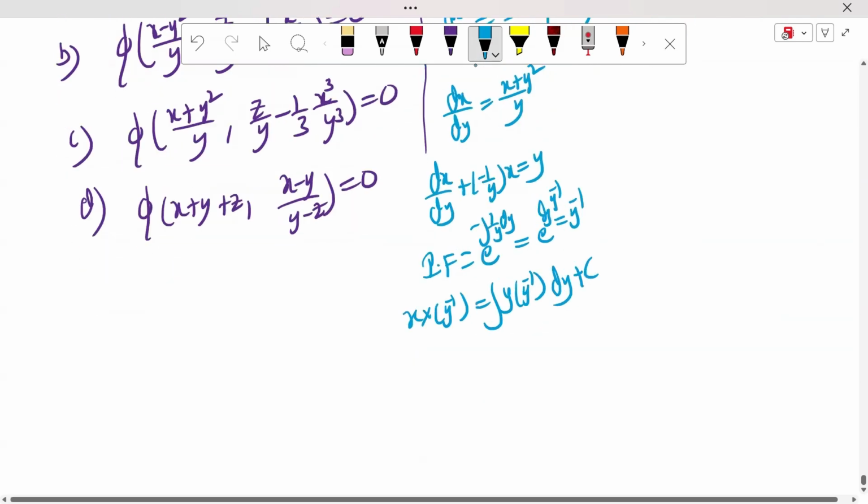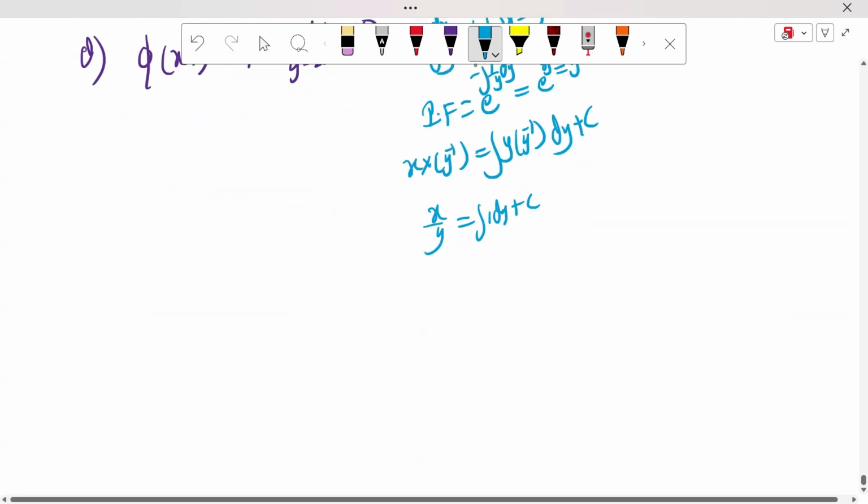So y inverse cancels, x by y is equal to the integration of 1 dy plus c, so x by y is equal to y plus c. So x by y minus y is equal to c.